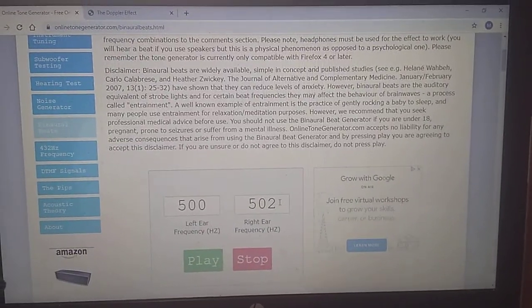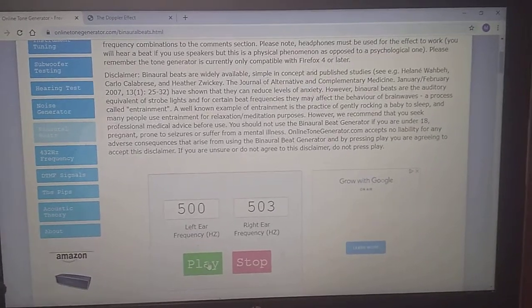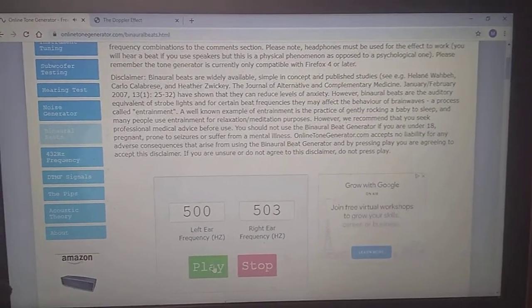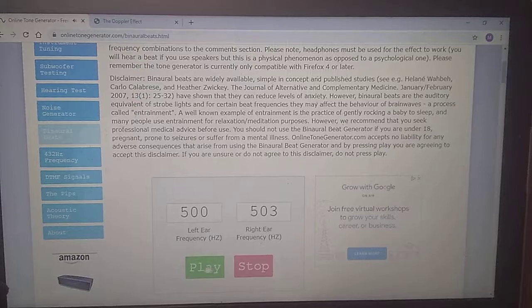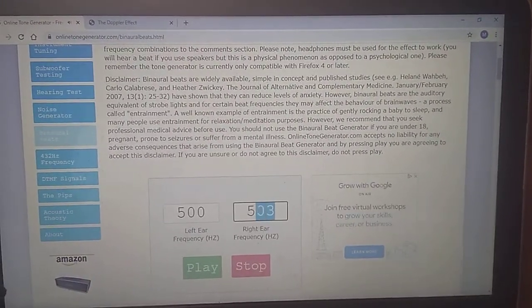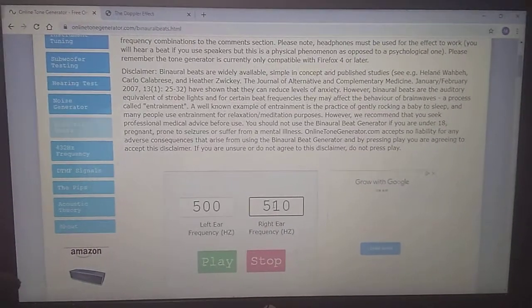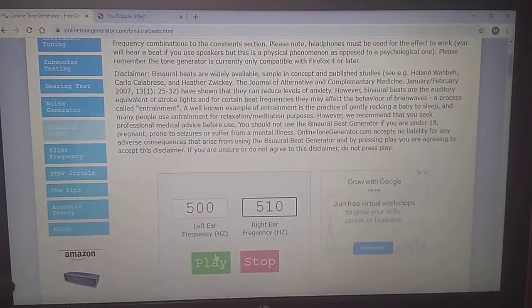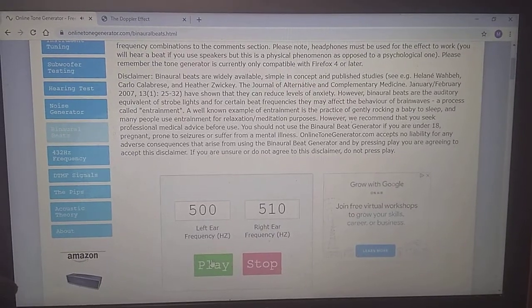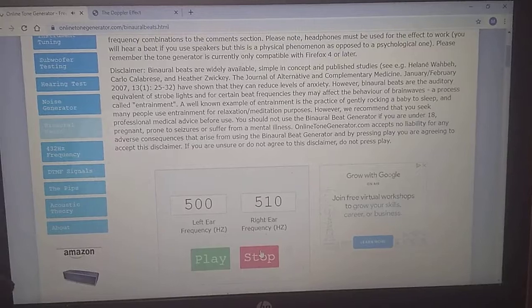If I were to increase this to 503, I bet you can guess how many pulses per second there would be. And if I brought it up to a much higher number, let's say like 510, you would start to hear something where you really can't count the number of pulses per second. And I'll stop that because it sounds pretty annoying.